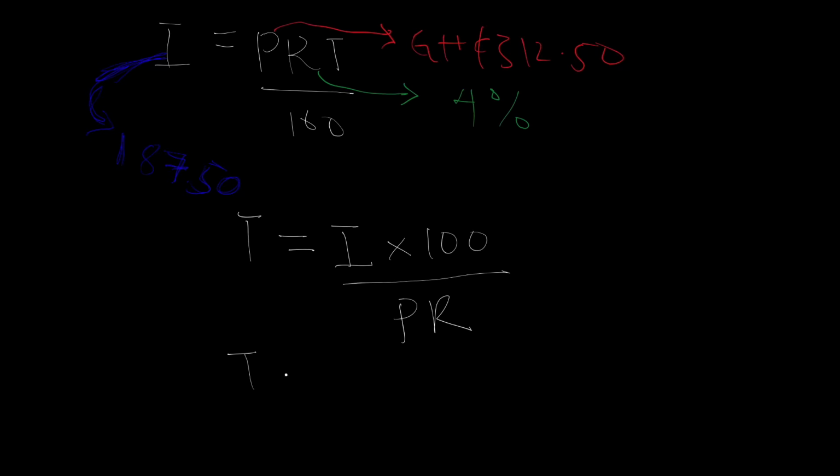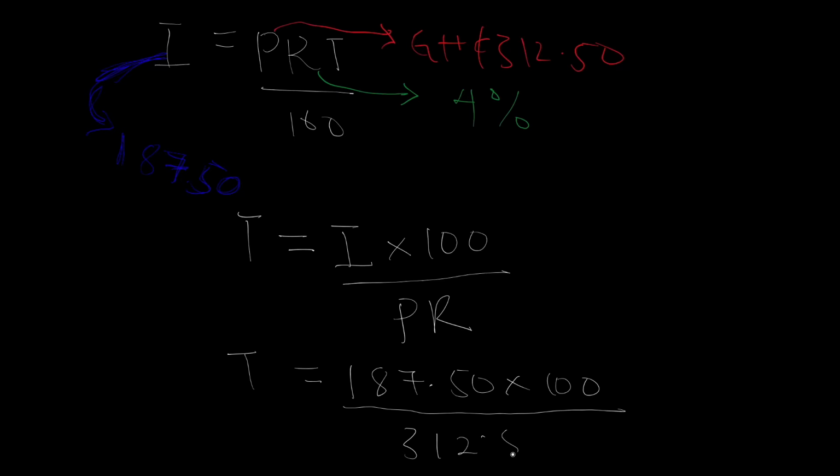So T should be equal to 187.50 times 100, all divided by 312.50 times 4.